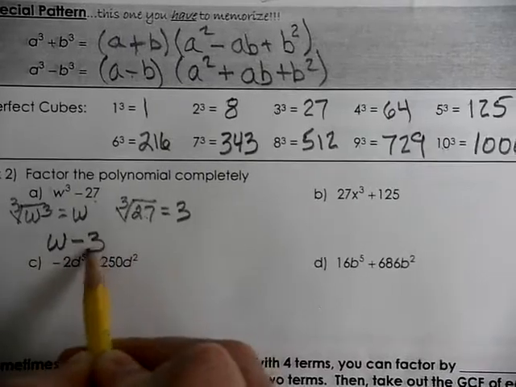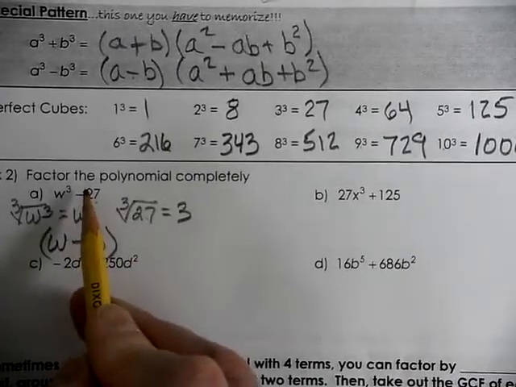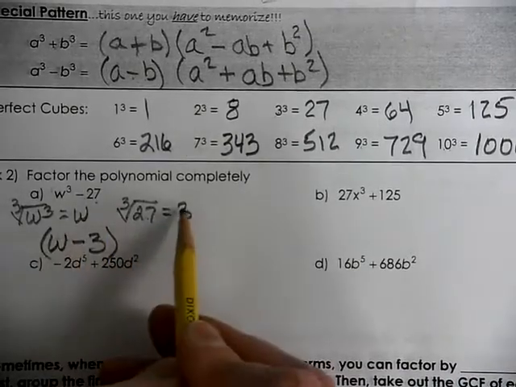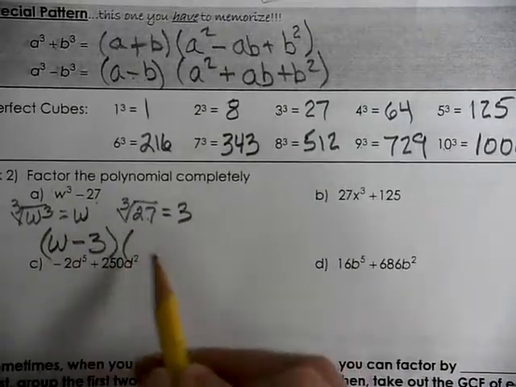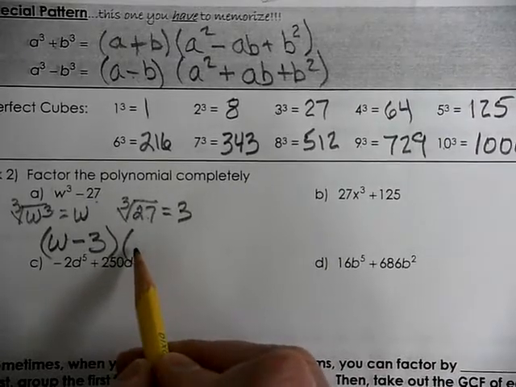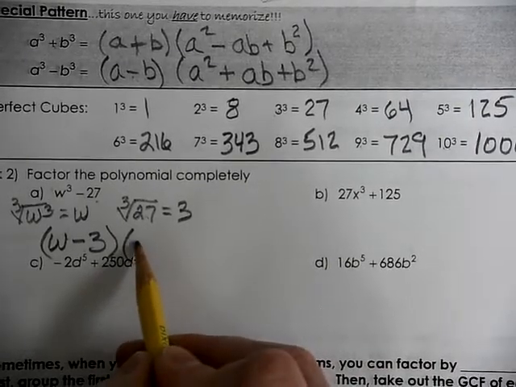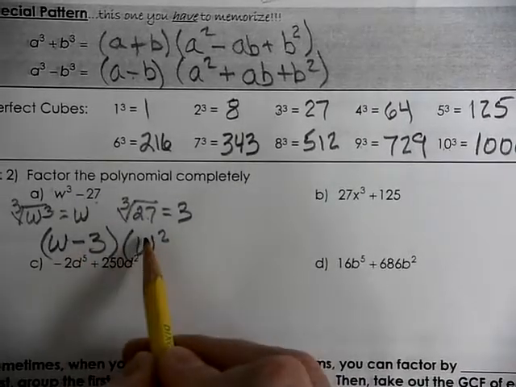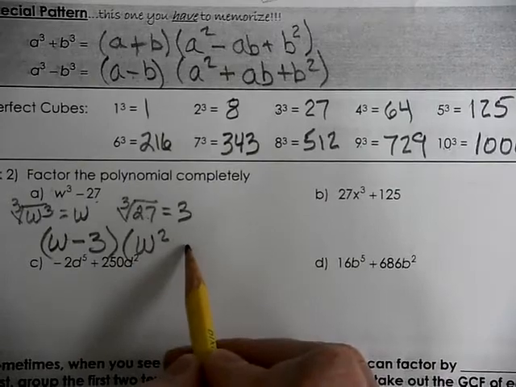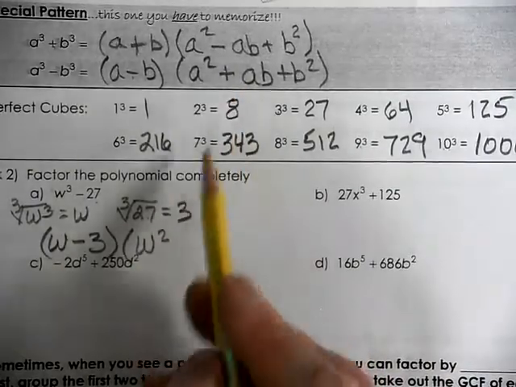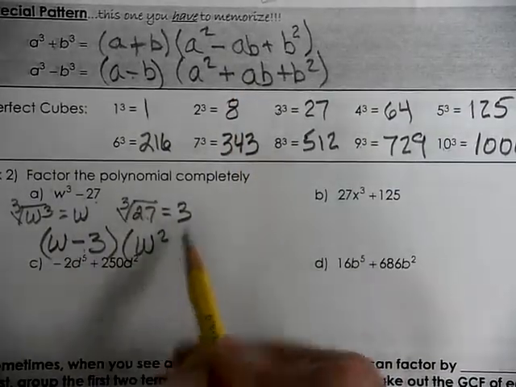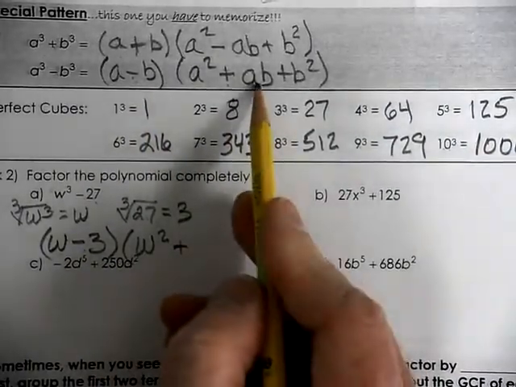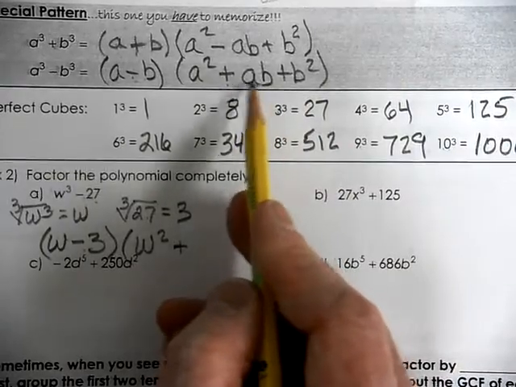W minus 3, because the original problem has a minus in it, this has to have the minus in it. The first term is going to be what? W squared. You're going to square your first term. What's your next sign going to be? You're going to switch your sign to a plus. Then we multiply our two terms together.